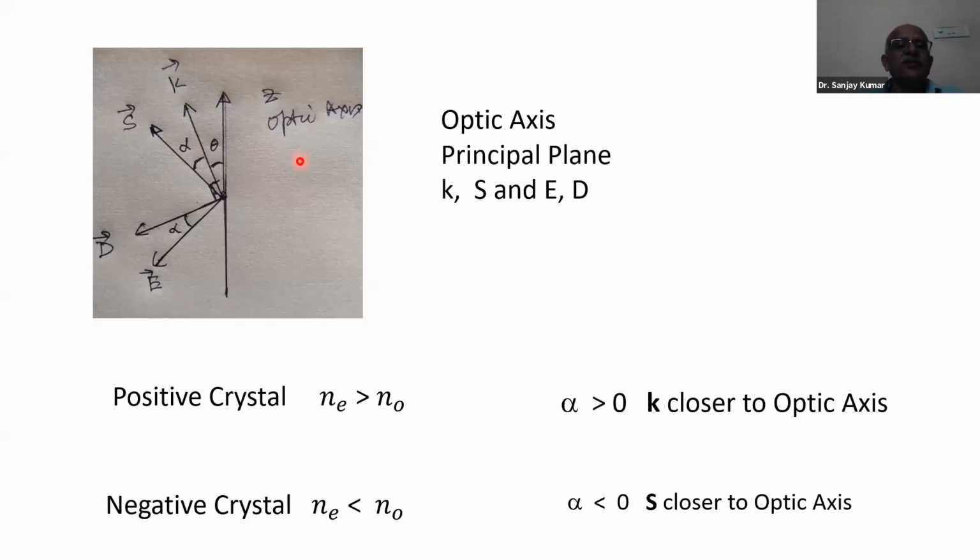The next question is from Charmi Mehta. Why is phase velocity greater than speed of light? Well, I don't think we mentioned anywhere that phase velocity was greater or less than the speed of light.